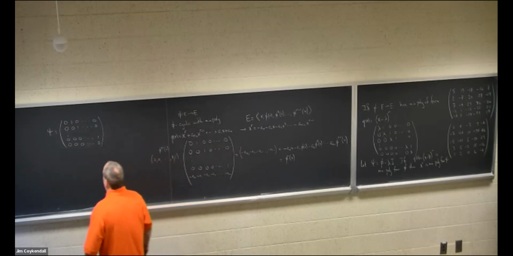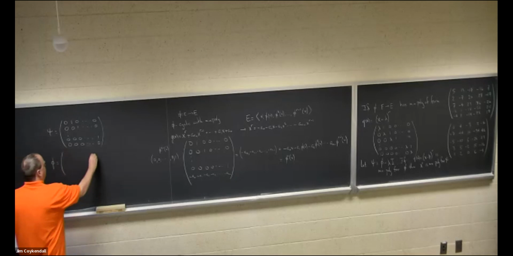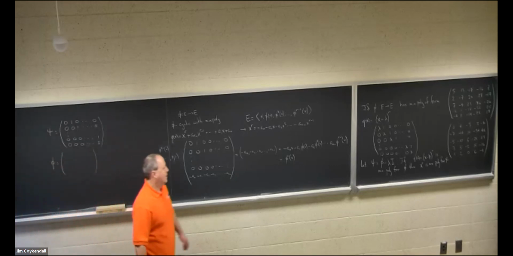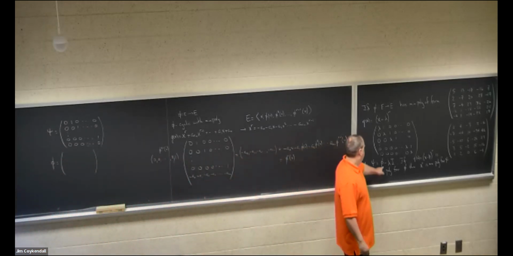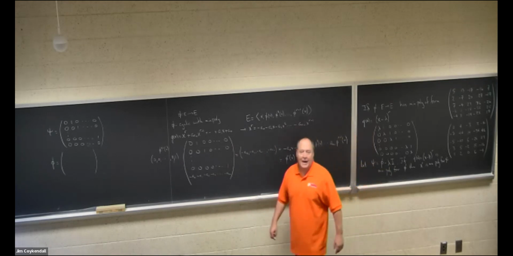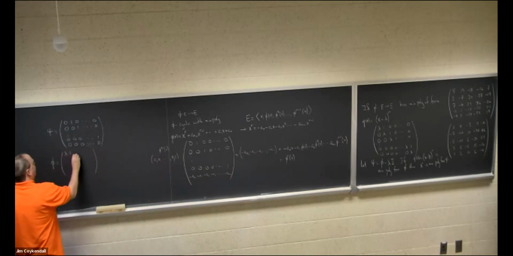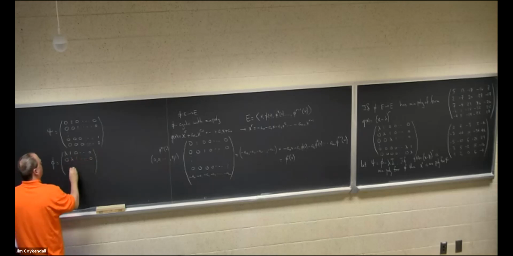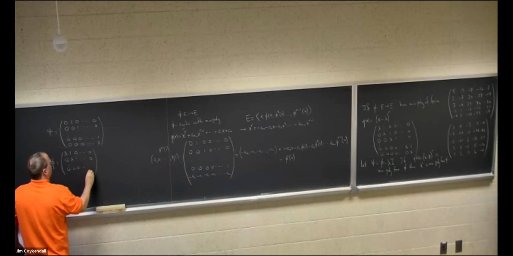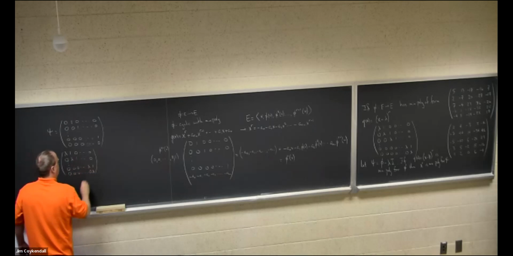And now phi, our original one, is psi plus lambda I. So all you have to do is add the lambda down the diagonal. And there we go.